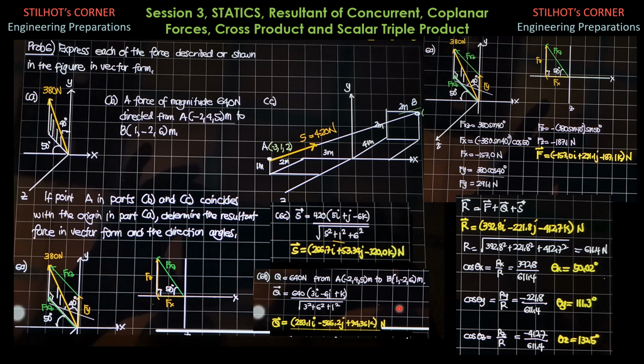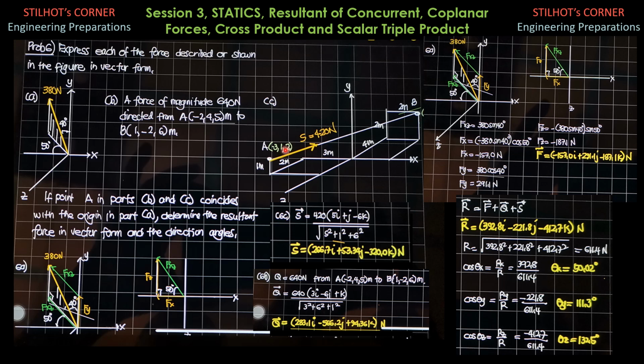Then in part C, we have a force directed from point A to point B. Then point B is supposedly at x is 2, y is also 2, z is negative 4, backward. So the magnitude is 420. So in part C, S is equal to, so again, this is 2, 2, negative 4.